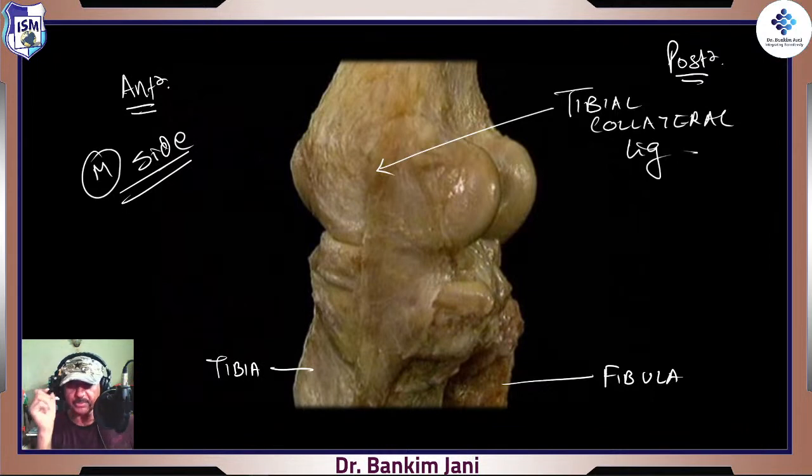Now this tibial collateral ligament blends with the capsule, right? Anteriorly and posteriorly, it blends with the capsule, and so much so it is finally attached to the medial meniscus also. So we can see all these things amazingly well. See, that's the collateral ligament, and then it fans out and merges with the capsule.